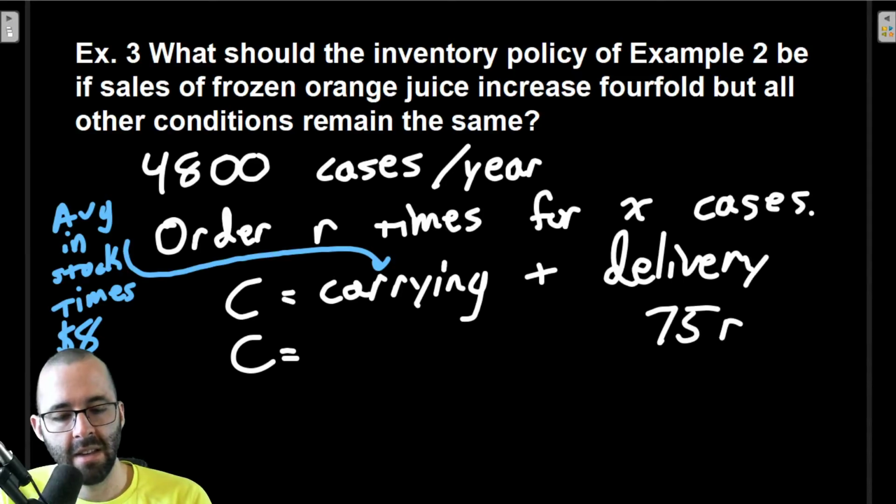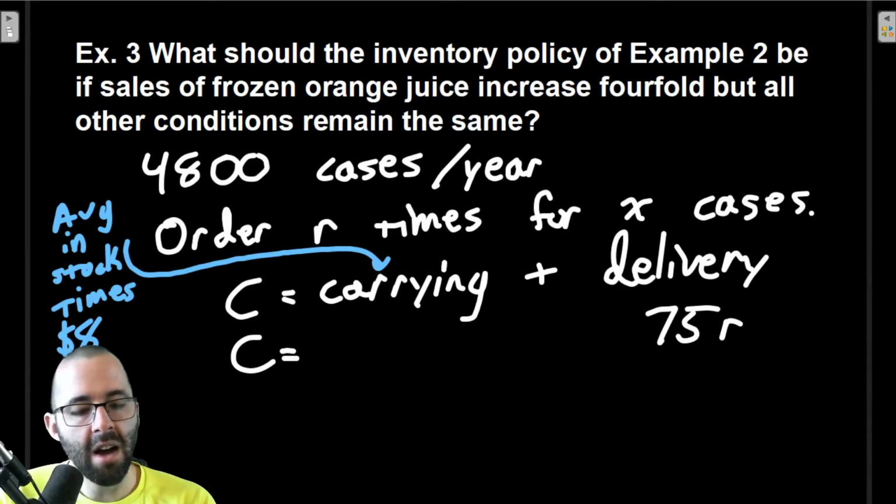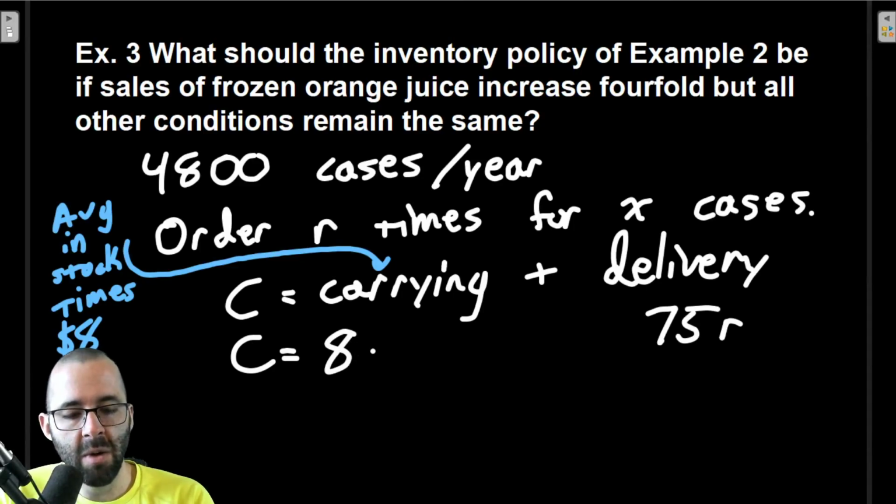So it's going to be 8 times that average. And remember, the average is going to be 4,800 divided by 2 and X.